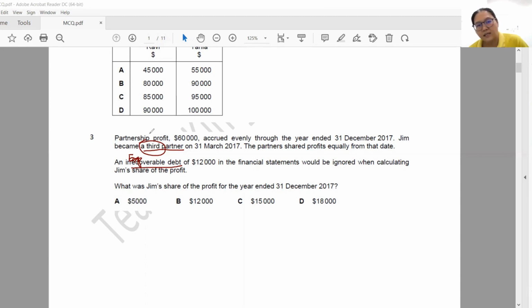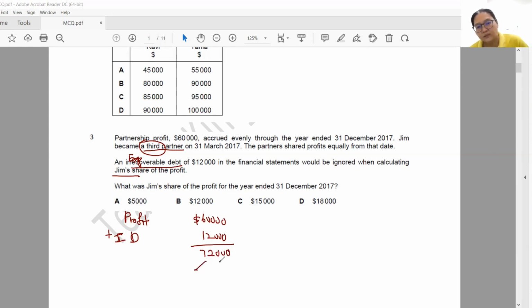So we should exclude it. The profit for the year is 60,000. We have to add back the irrecoverable debt, 12,000, because we need to calculate how much is to be shared for Jim. So the total amount before the irrecoverable debt is 72,000.